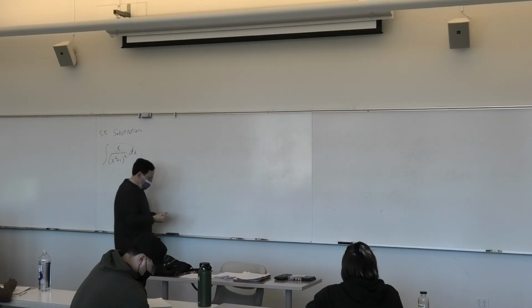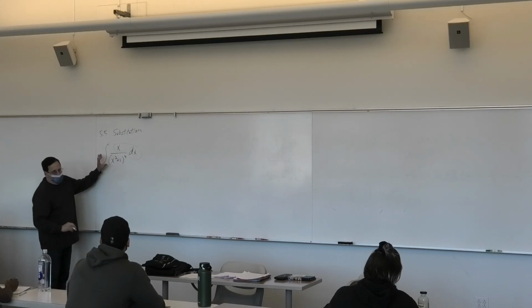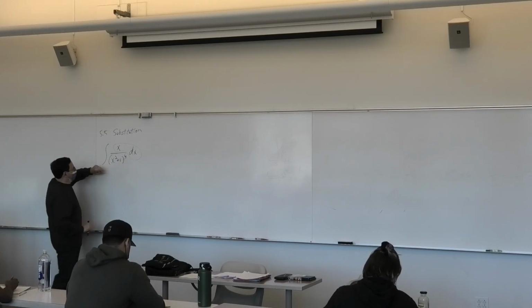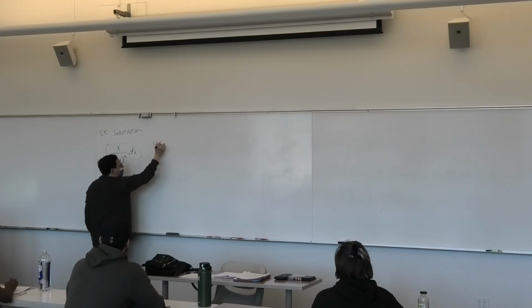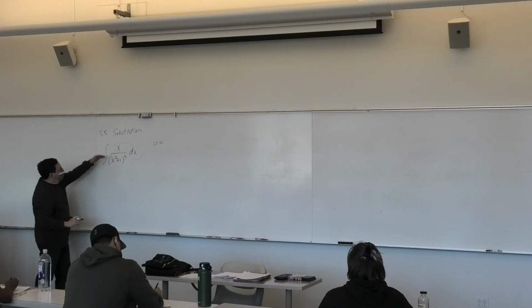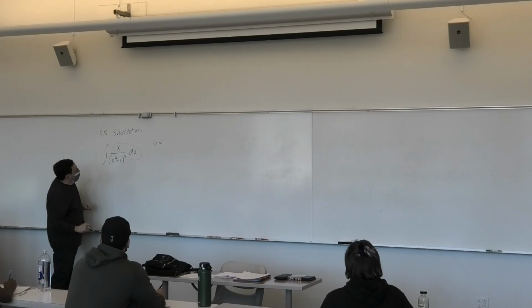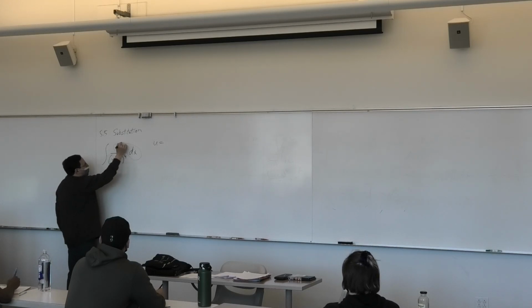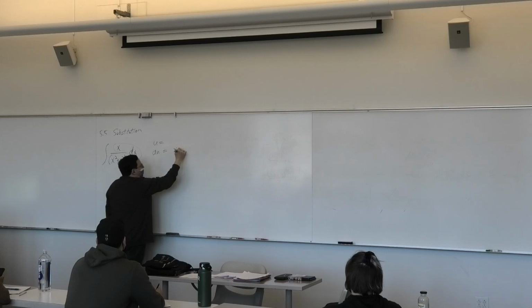All right, I want to point out a feature that sometimes gives you a hint where to go with this. We're going to want to try and change all this over to some u. Like there's an x up here and an x down here to deal with. But sometimes, it's this combination here, in this case, x dx, or some piece of this, where when we find the u, we're going to want it to look like x dx.